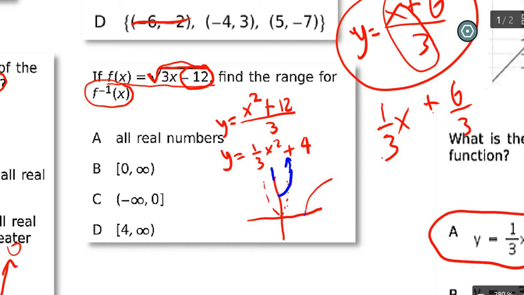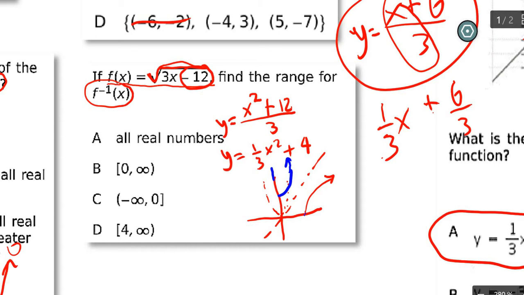Now if you draw your line y equals x, you will see that this blue one is the inverse of the red function given here. So if you look now, we can compare the answer choices to see which one is true about the blue graph.